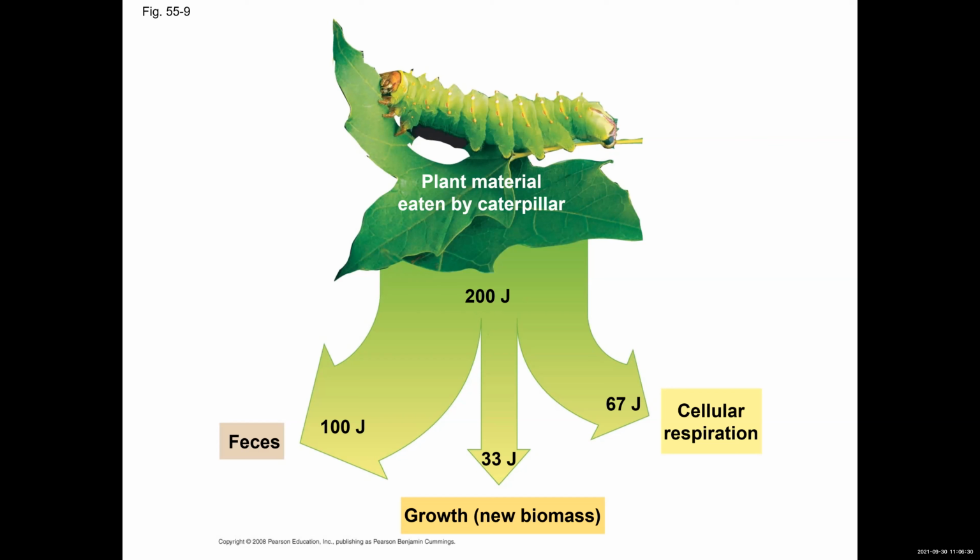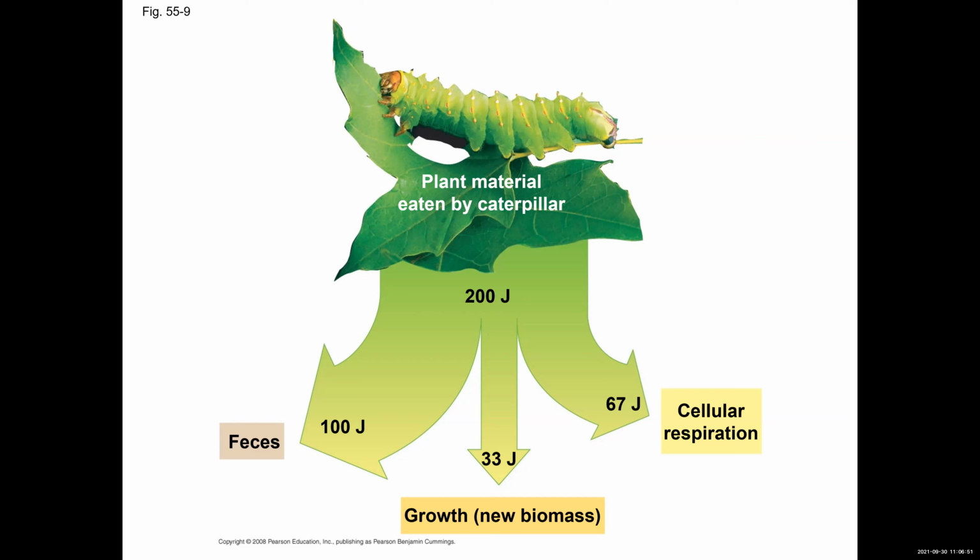It turns out there are 3 different ways that the caterpillar is using that material. And in fact, about half of it actually passes through the body, doesn't get absorbed or turned into usable energy at all by the animal. So it just passes out of the body as fecal matter, right?